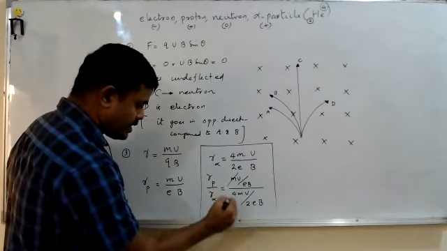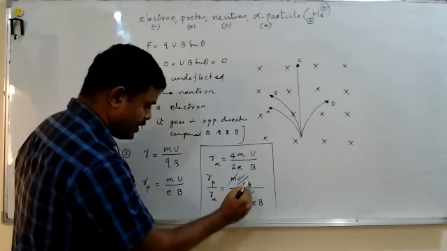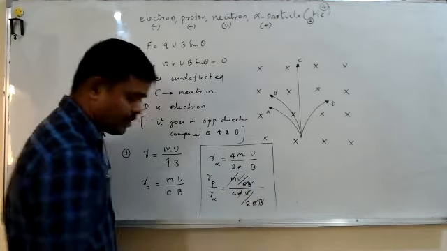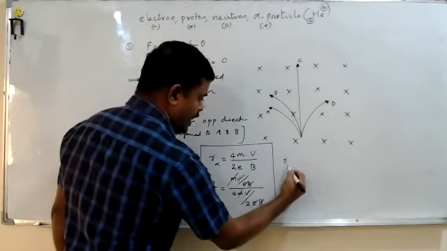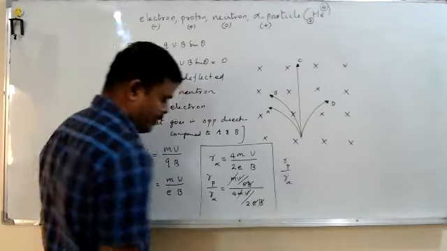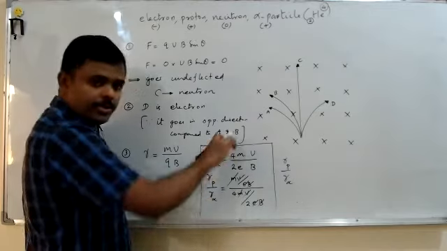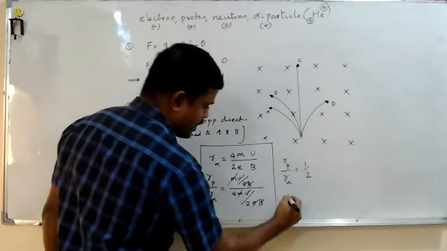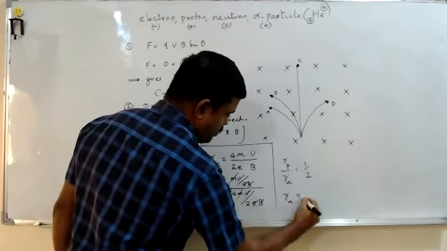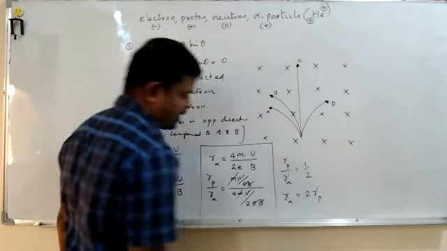Okay, so I get this m and m cancel, v and v cancel, e and e are gone, B and B are gone. Take the reciprocal, 2 by 4. So Rp by R alpha should be equal to 2 in the numerator, 1 by 2. Cross multiply. R alpha will be 2 times Rp.